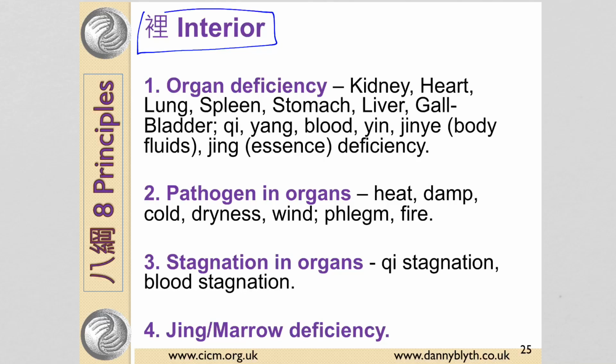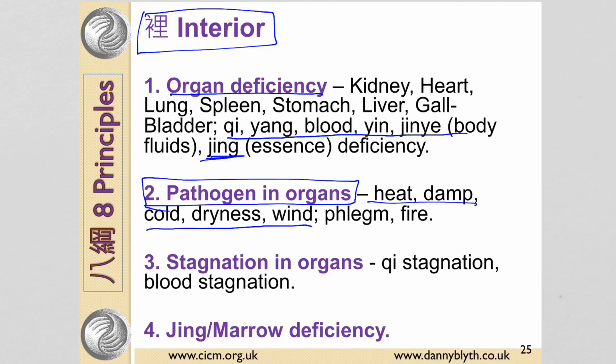Interior represents everything else, so organ deficiency, this can be any of the organs, and it can be qi, yang, blood, yin, body fluids, or jing. Pathogens in the organs, so this can be heat, damp, cold, dryness, wind, or phlegm and fire.